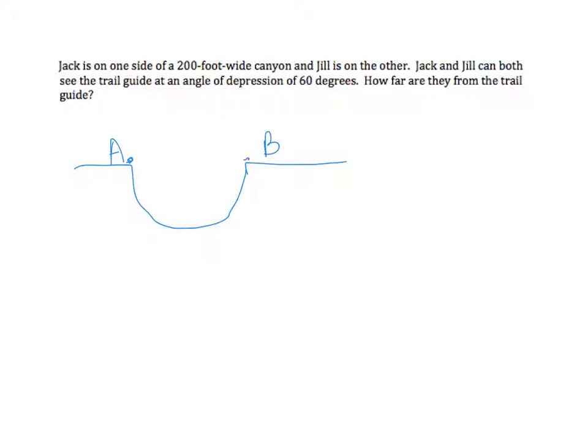It's 200 feet wide, so if I draw in that line between them, that's going to be 200 feet. And then it says they can both see the trail guide at an angle of depression of 60 degrees. Last year you learned about angle of depression, and it's if you're looking down at something, it's the angle between your line of sight and the horizontal.